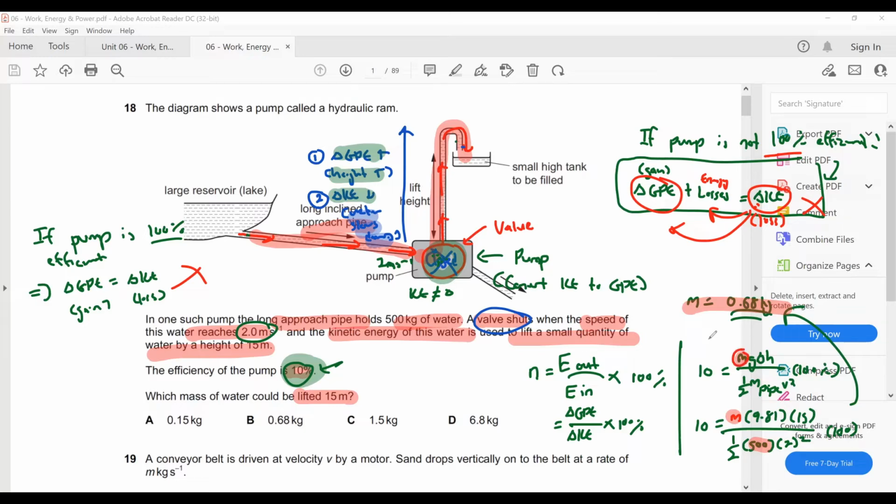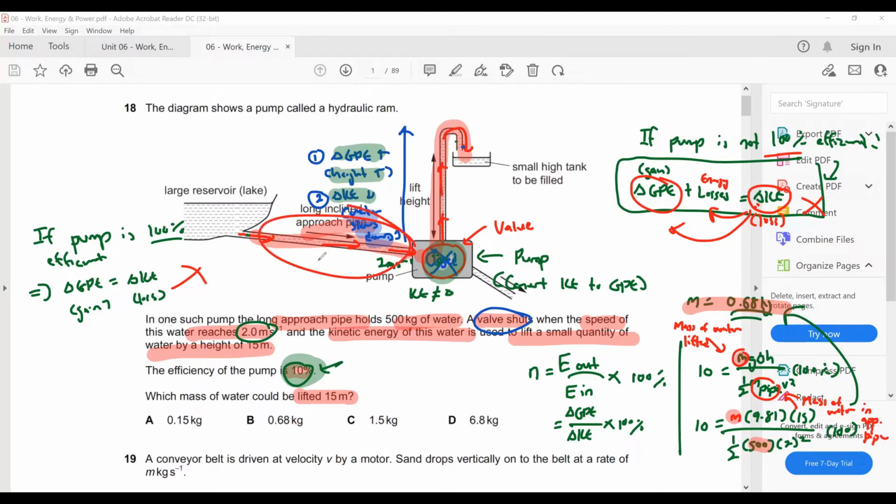This m is the mass of water lifted. Okay, this m is the mass of water in the approach pipe.